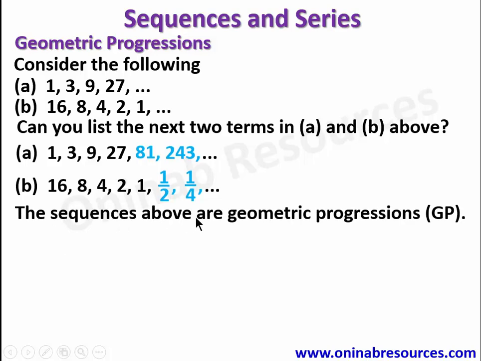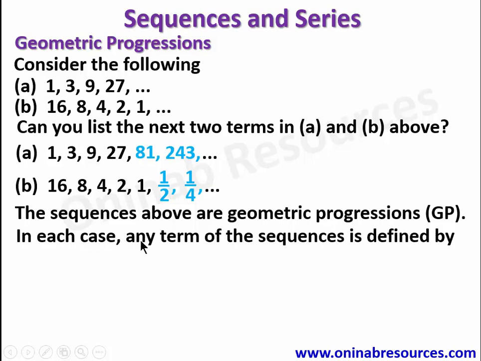The sequences above are geometric progressions and the short form is GP. They are geometric progressions in the sense that it is multiplication by a particular constant that gives the next term of each of the sequences.